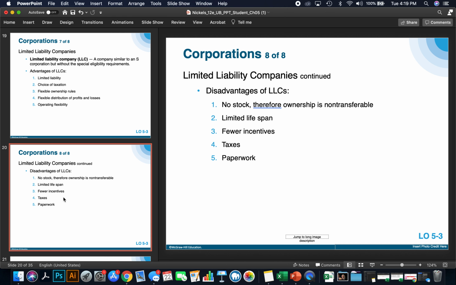However, there are some disadvantages. There's no stock, therefore ownership is non-transferable. There's a limited lifespan and fewer incentives. There are taxes involved, and there's a lot of paperwork. However, companies online like LegalZoom can make LLC paperwork a lot easier.